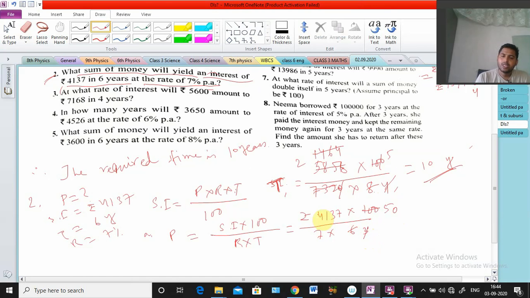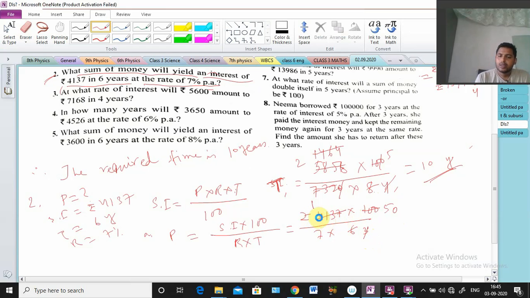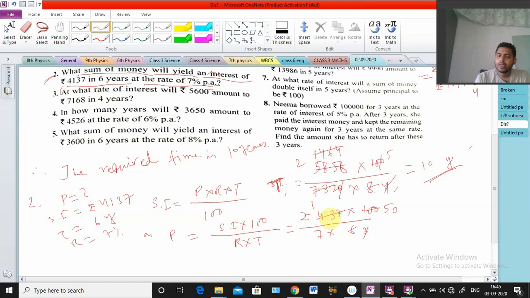Now this 3 and 4137 we can cancel, 3 1 is 3, remainder 1 and 1 is 11, 3 3 is 9, remainder 2, 23, 3 7 is 21, again remainder 2 and 7 is 27, 3 9 are 27, so 1379. Clear or not?